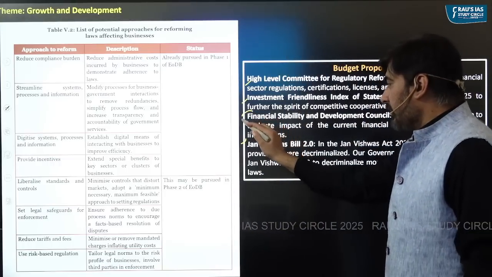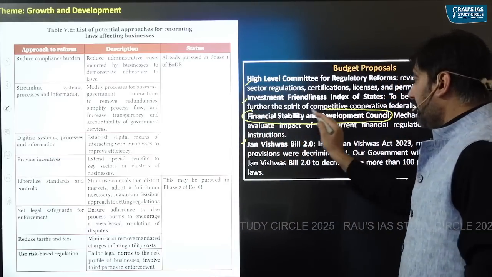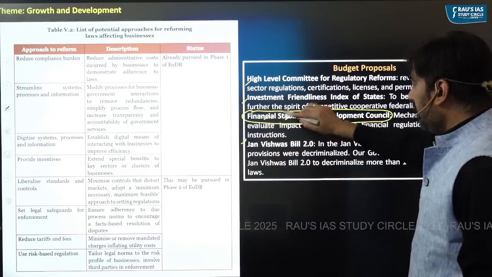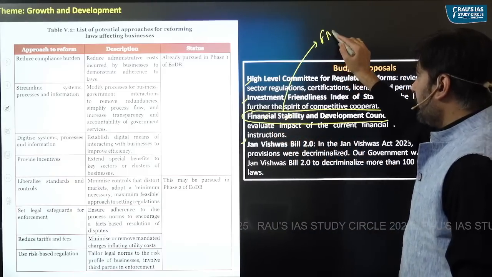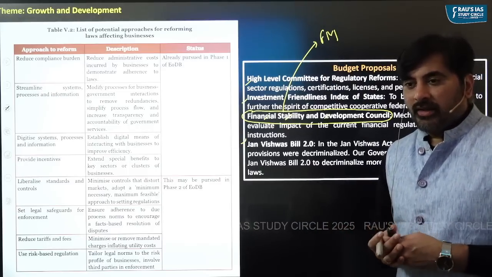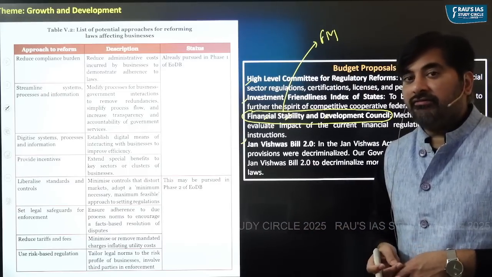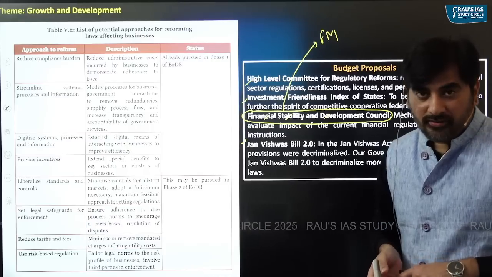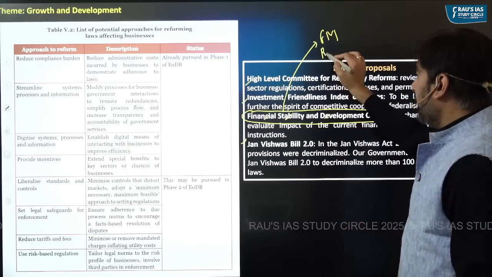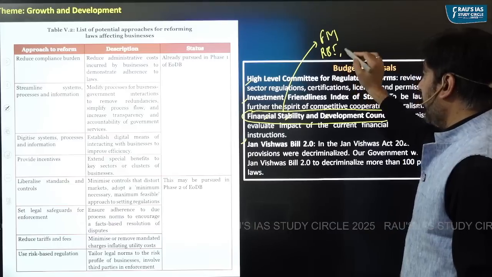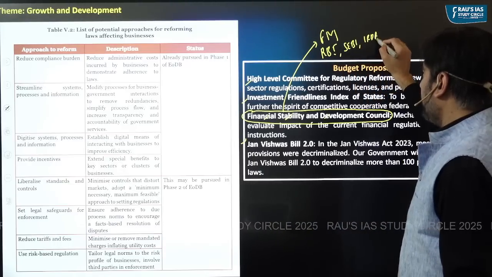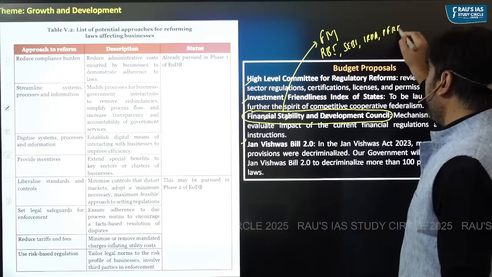And lastly, we have an organization in India called the Financial Stability Development Council. This organization is headed by the Finance Minister, and it includes the heads of important financial sector regulators, such as RBI, SEBI, IRDA, PFRDA.